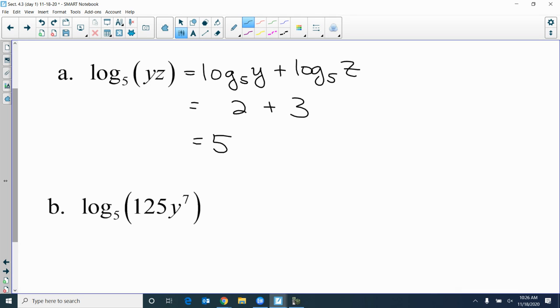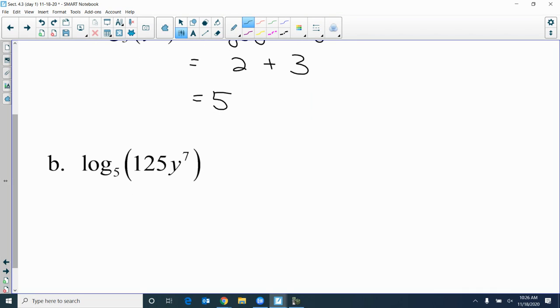All right, now we do have a product. It is 125 times y to the 7th. So I'm going to make this log base 5 of 125 plus log base 5 of y to the 7th. All right, what can I do with that 7?